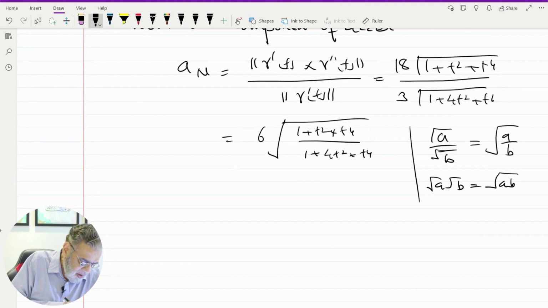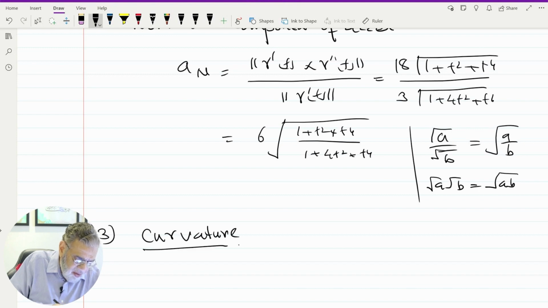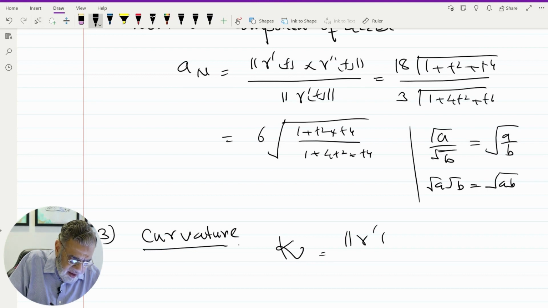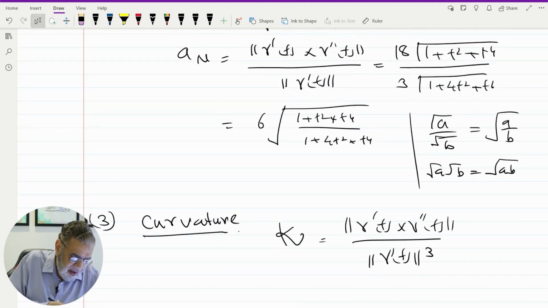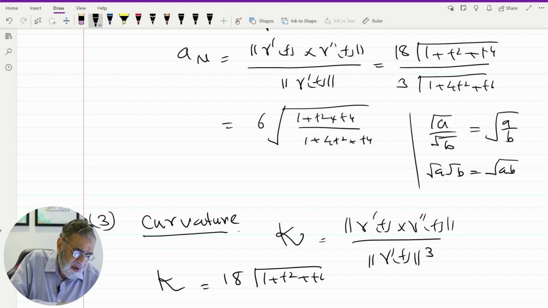Similarly, we have the formula to find the curvature of the function, and we can apply the results we have calculated: kappa is equal to the magnitude of r dash of t cross r double dash of t over the magnitude of r dash of t to the power 3. So we just make the substitution here. Kappa is equal to 18 into root of 1 plus t square plus t to power 4. Now we take the cube of the denominator.